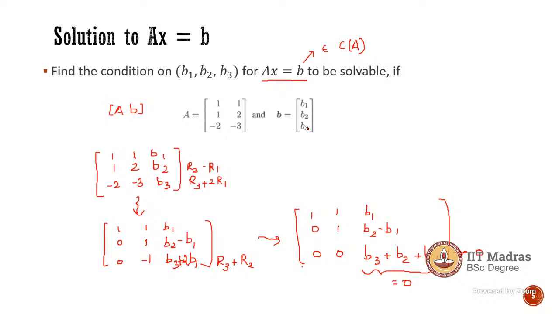So any vector whose third element is the negative of the sum of the first two elements will satisfy this condition. This is how you solve when you are asked to find the condition.